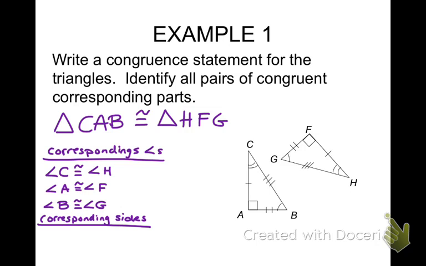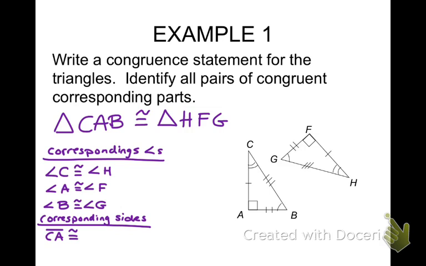So someone give me a side on triangle CAB. CA, that would work. So line segment CA would be congruent to which line over here? Now be careful. Thank you for making that mistake, Miranda. If we're going to go C to A, then we're going to want to go H to F. So you have to watch your order.